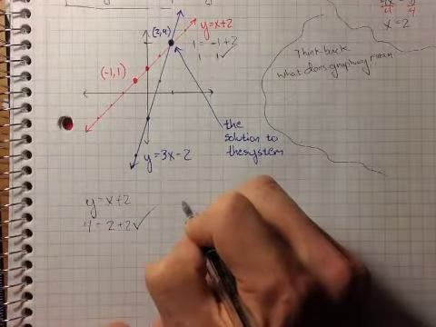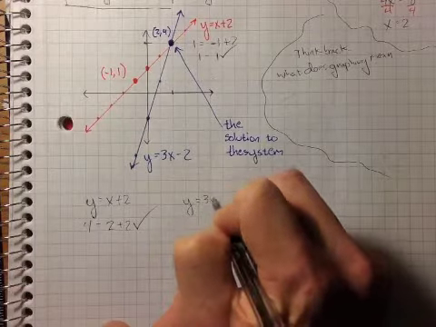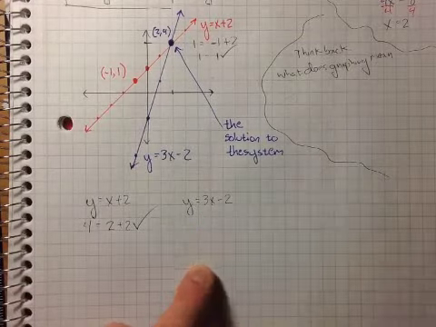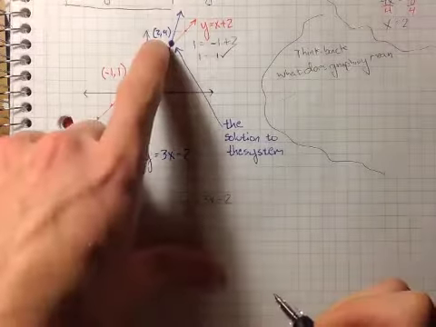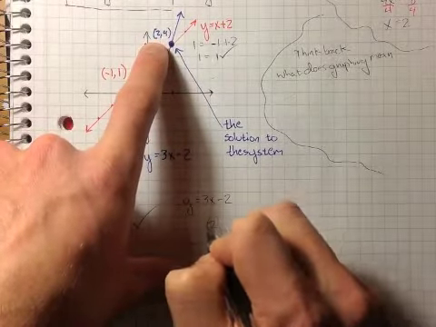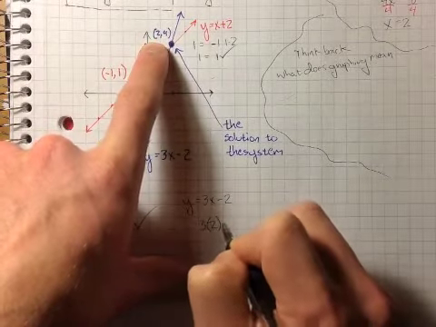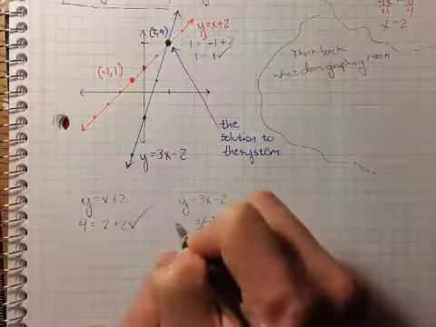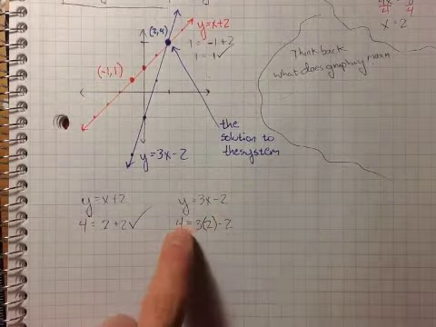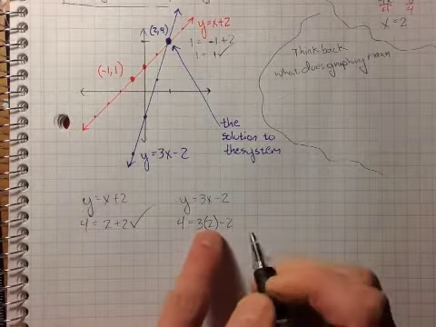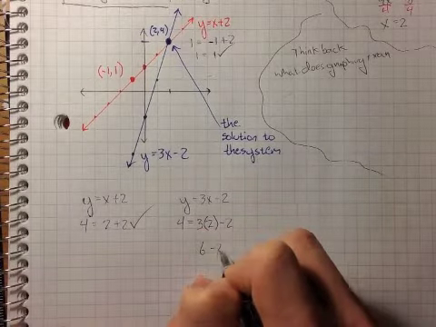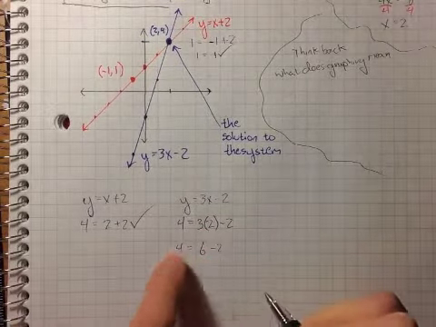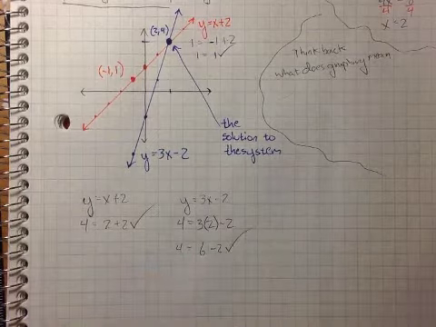Now let's do the same exact thing with the second equation, y equals 3x minus 2. If I stick in 2 for x, and I stick in 4 for y, is this equation true? Well, let's see, 3 times 2 is 6, minus 2, yeah, 6 minus 2 is 4. So this is also true.